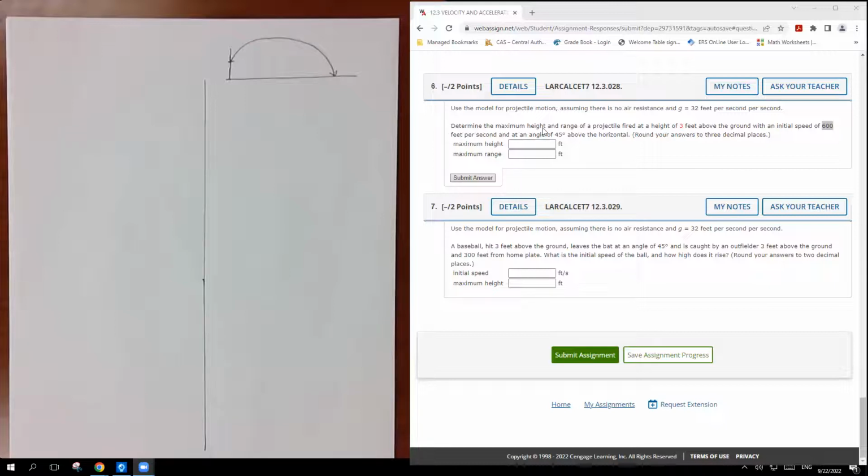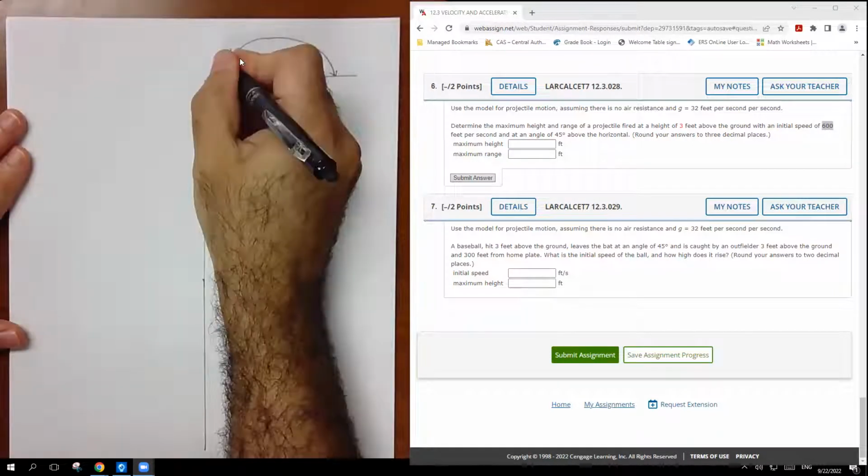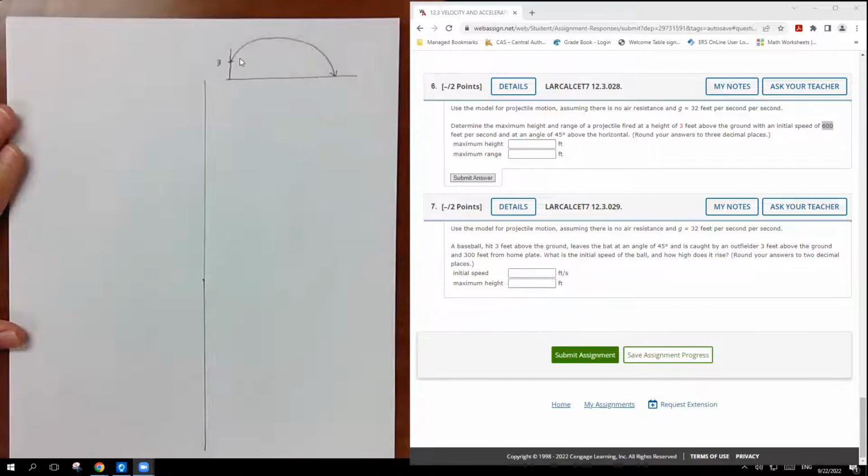We need to find the maximum height and the range of a projectile fired at a height of 3 feet. So that's why I grabbed this one. Like they throw an object, a projectile fired at 3 feet. So the start height here is a 3. So keep this one in your mind.